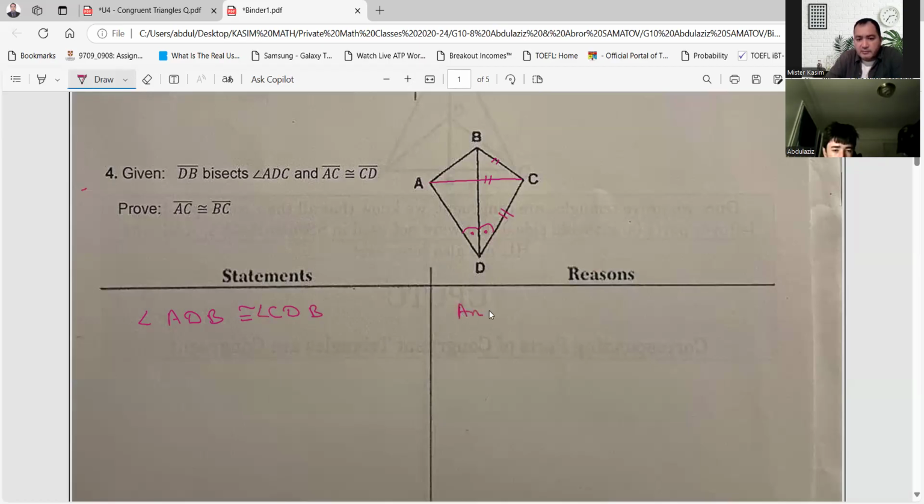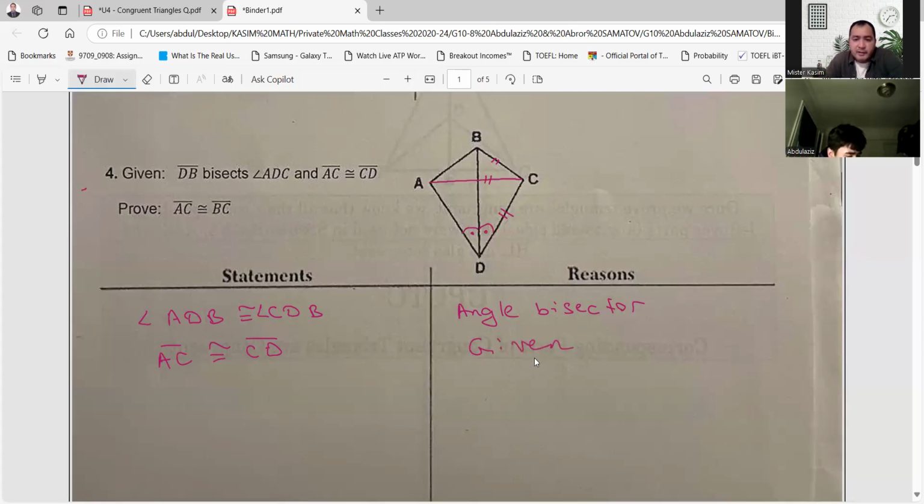Angle bisector. And also AC is congruent to CD, it is given.